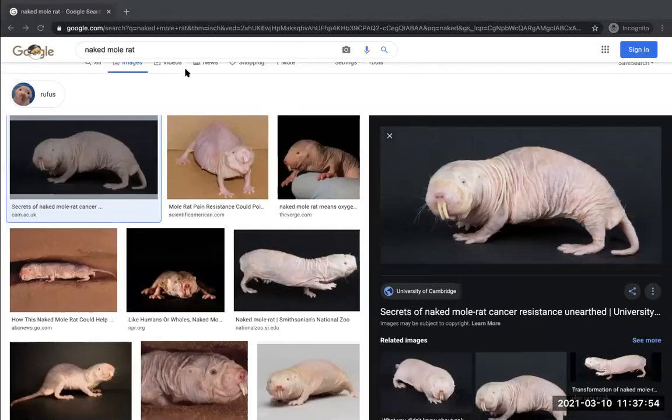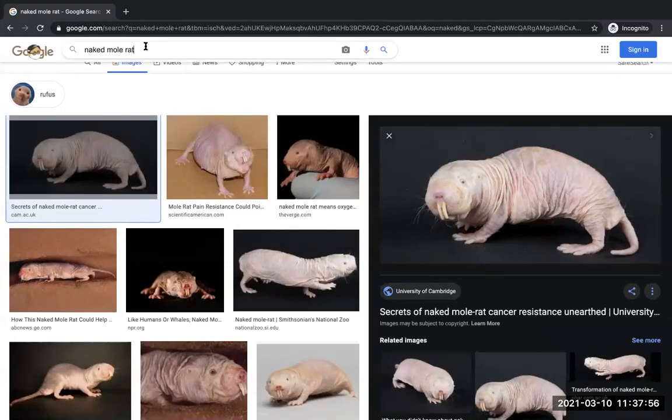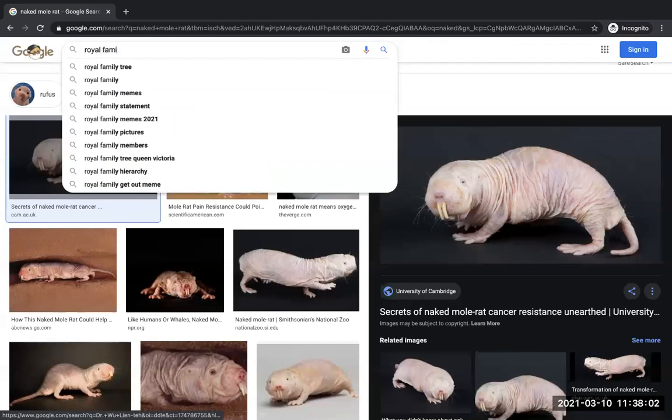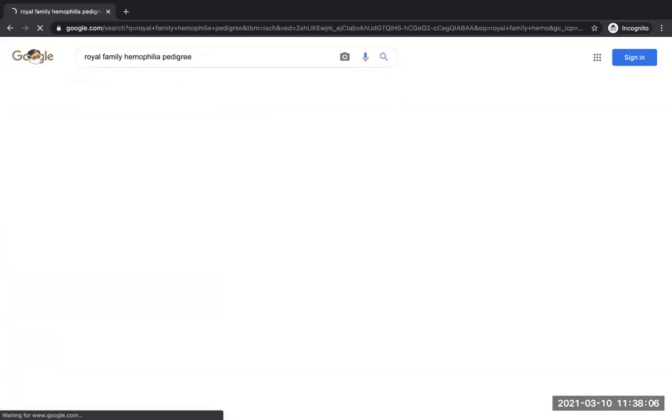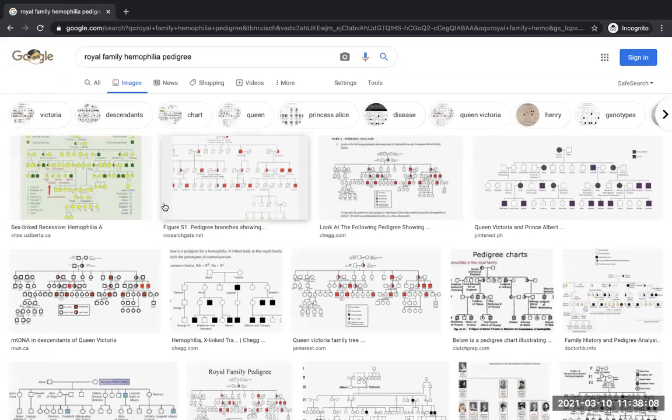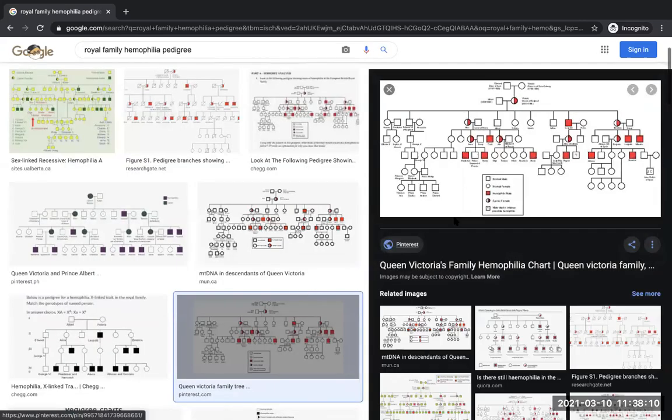I also want to show you one more thing since we are on genetic disorders. This is called pedigree analysis. This is the royal family of England. So this is like your family tree. You could do this for your own family.